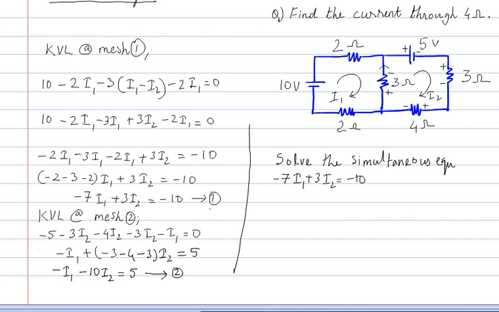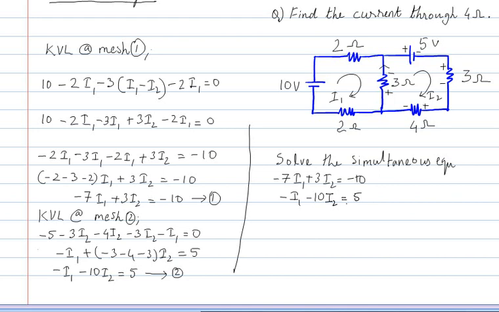This is the first equation that we wrote. The second equation is going to be minus I1 minus 10 I2 is equal to 5.